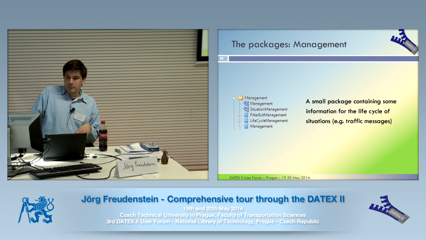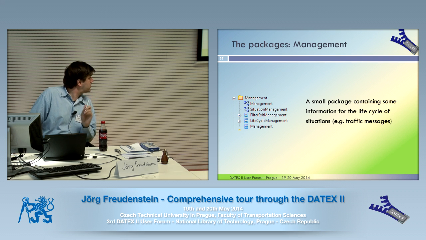And when something ended, in the next update this message is not contained anymore. So the management package is a small arrangement to do it another way, to give explicit information that something has ended, something has stopped, something was cancelled. You can do it with this management, but it's very, very small. It's only a few attributes.